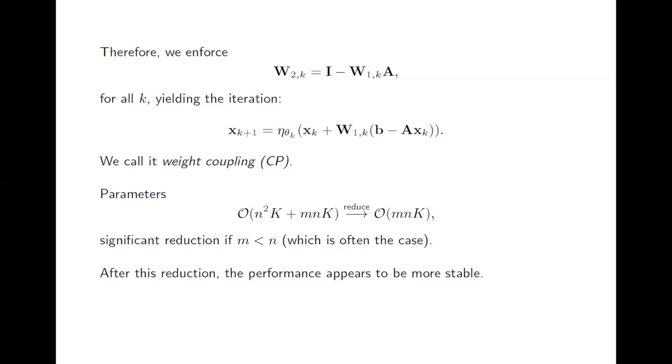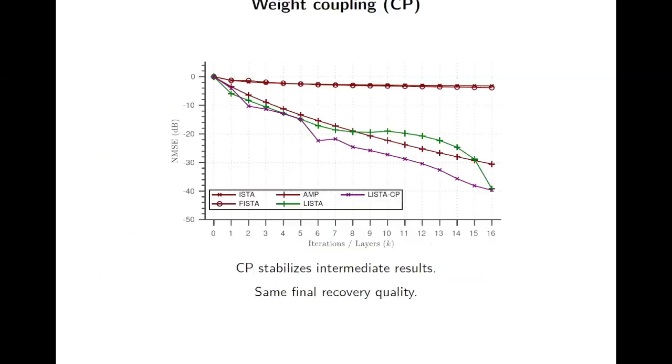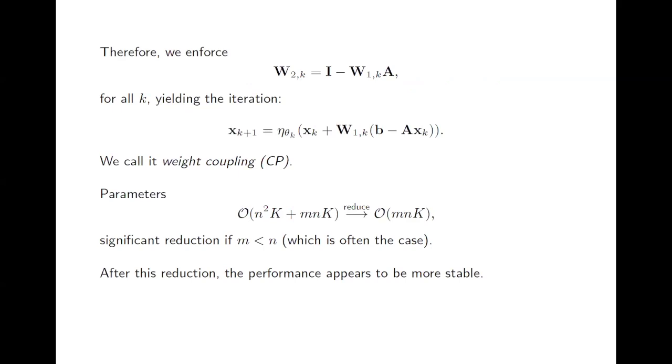This inspires us to fix the coupling relationship between the two matrices. If we can fix that, we get a reduced model like this. In this new model, the number of parameters is reduced, because A here is typically a fat matrix, and two matrices become one matrix.